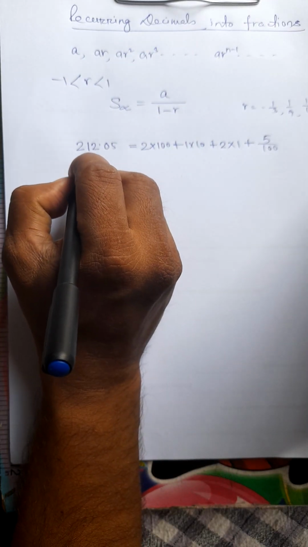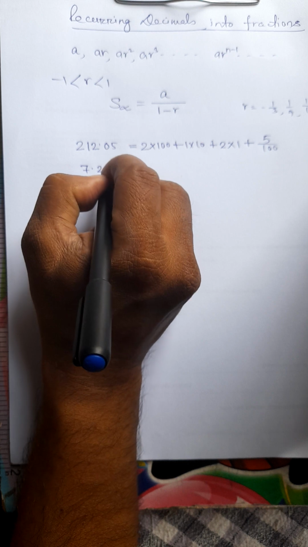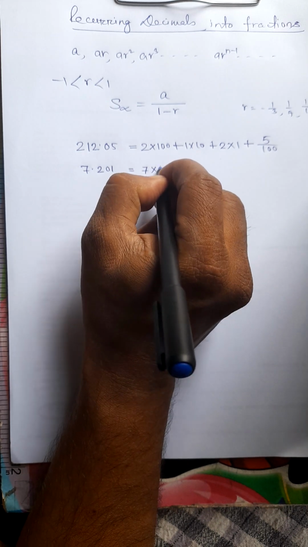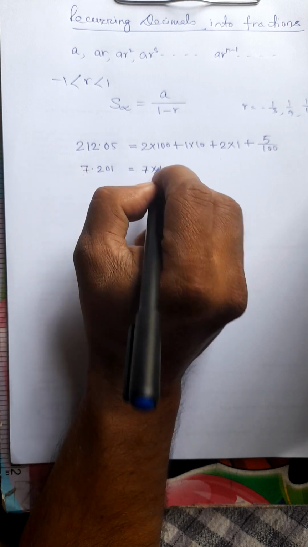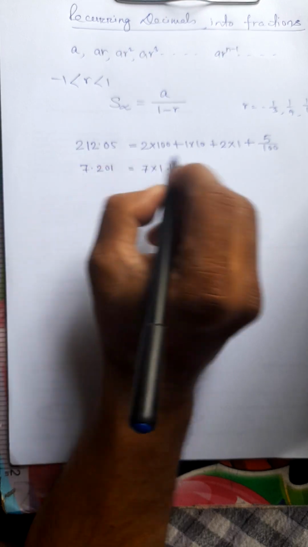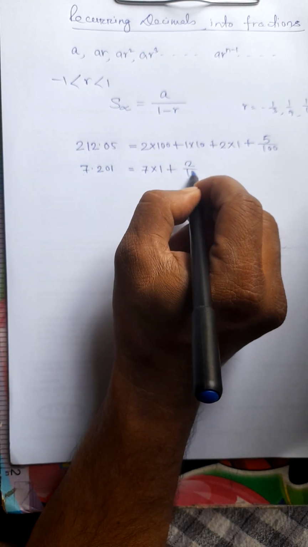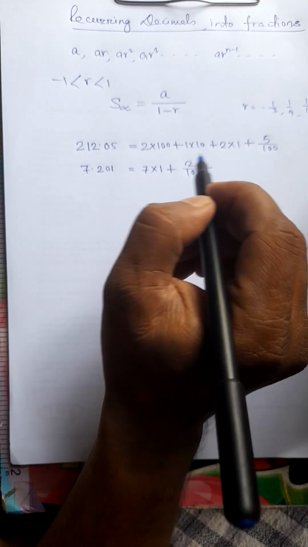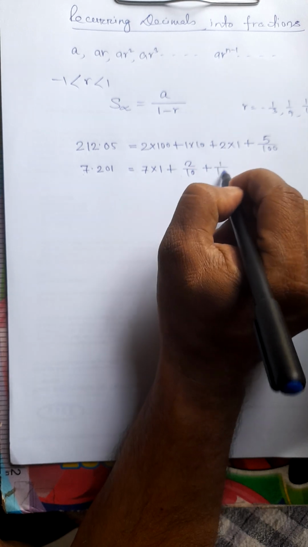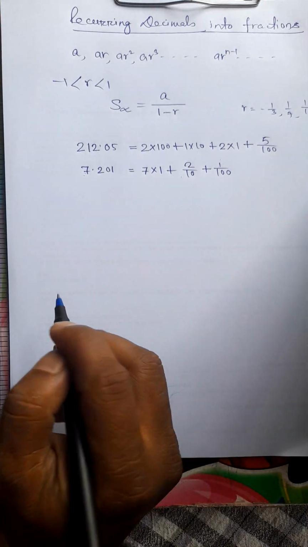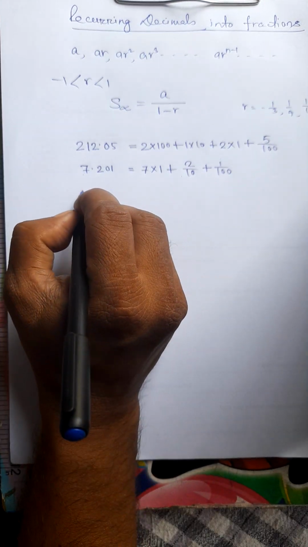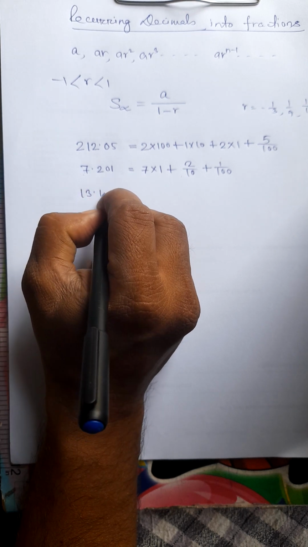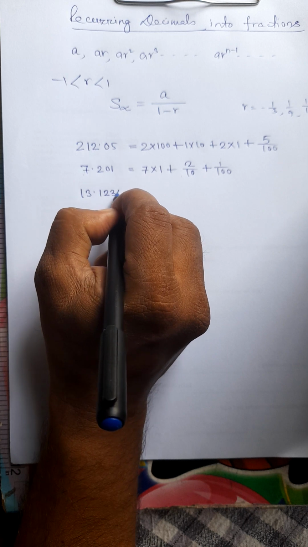Similarly, say for example 7.201, suppose. So we will write it as 7 multiplied by 1, 7 is in 1's place, 2 is in 10th place, 2 divided by 10 plus 1 in 100 place, 1 by 100, right? Similarly, say for example 13.1234, suppose.